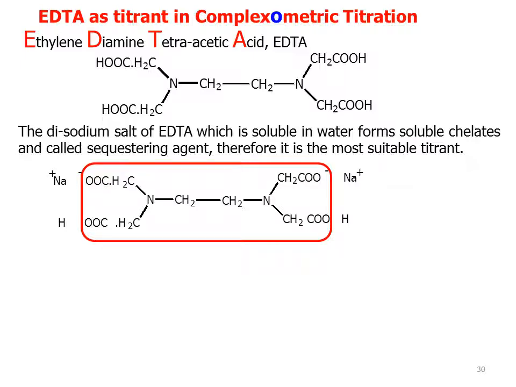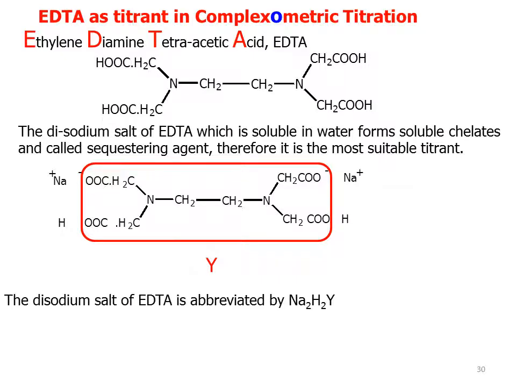You do not need to memorize the structure of EDTA. However, to simplify things, this bulky part of the structure we abbreviate by Y. So the disodium salt of EDTA is abbreviated as Na2H2Y.